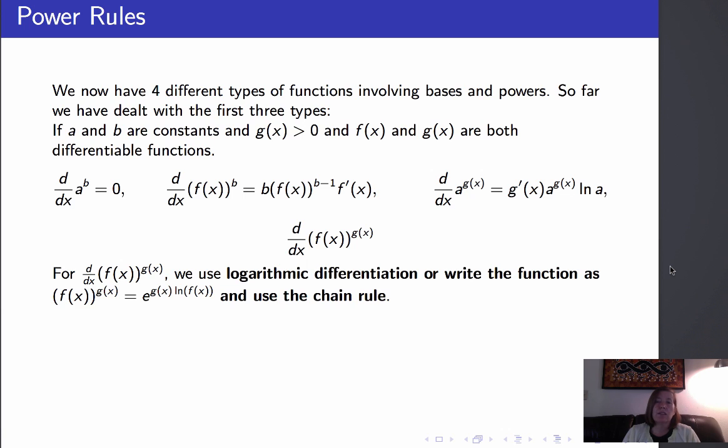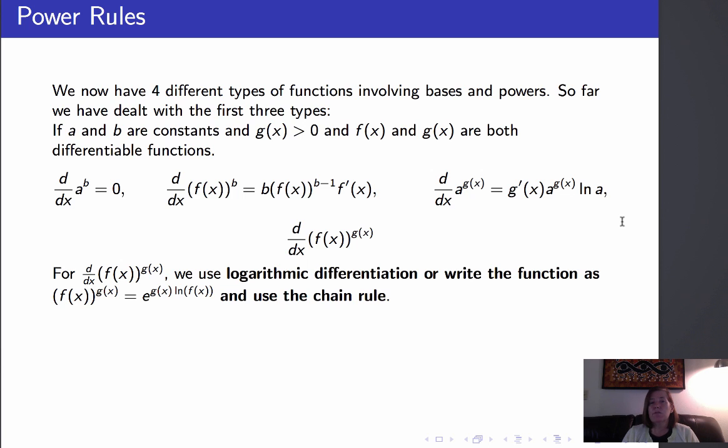So I would get e to the g of x times the natural log of a, which is just a to the g of x, times the derivative of g of x times the natural log of a, which is the natural log of a times g prime of x. So I would get this expression on the right as the derivative.